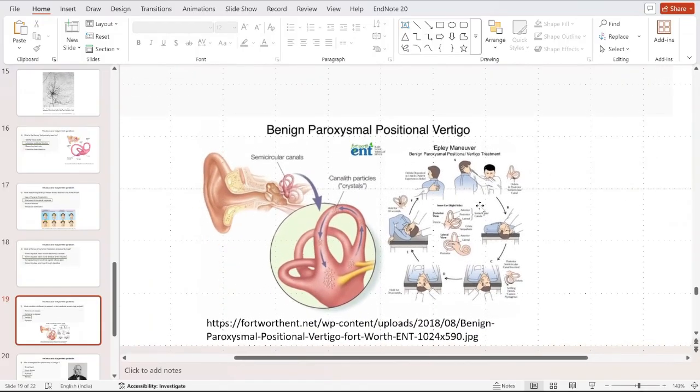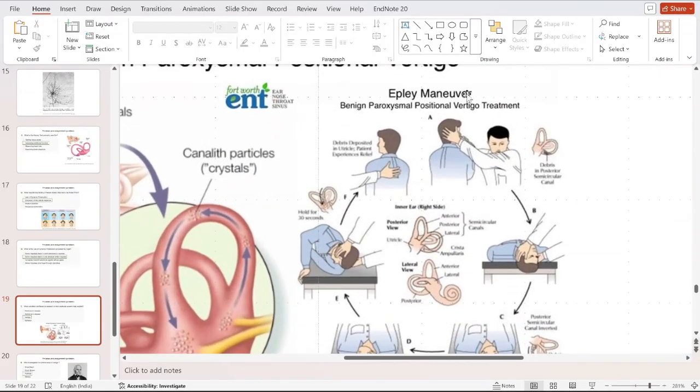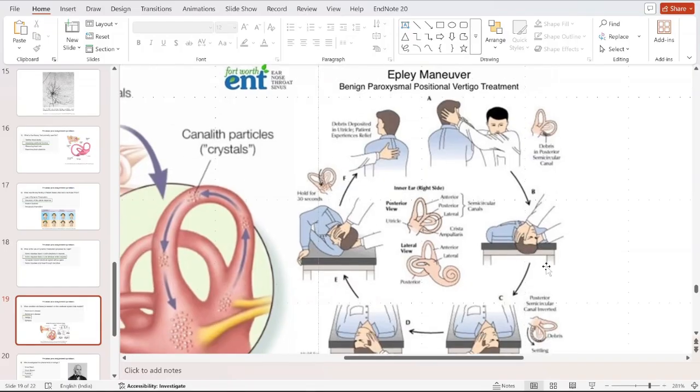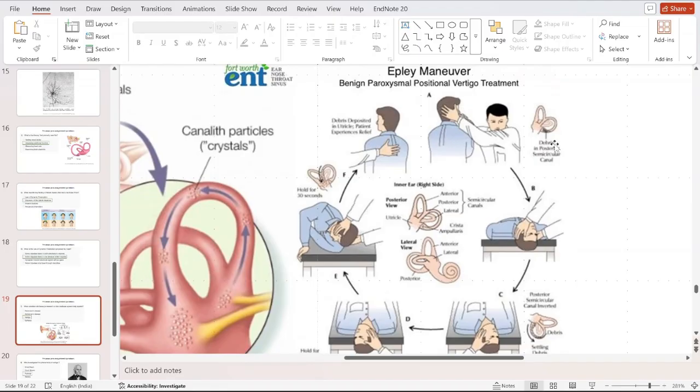So, the Epley maneuver is basically the patient or the individual is made to lie down and their head is tilted first in one direction to the right. So what basically happens is that initially the patient is having these crystals or debris in their posterior semicircular canal, right, and that is causing the discomfort.